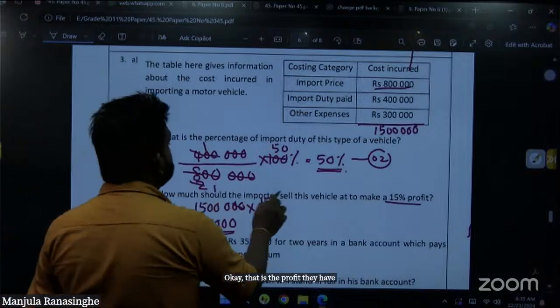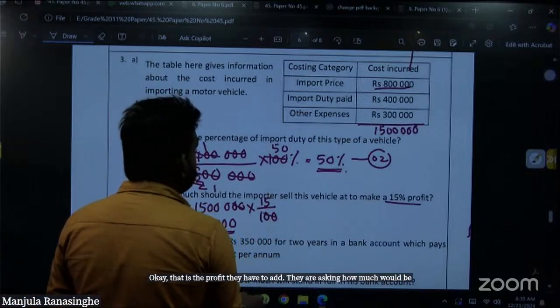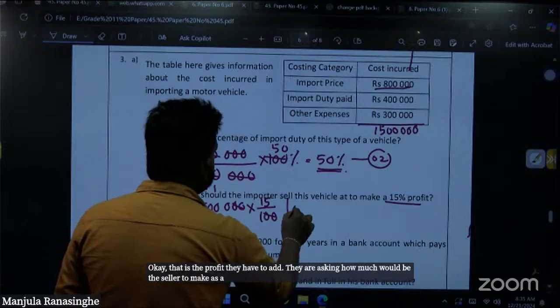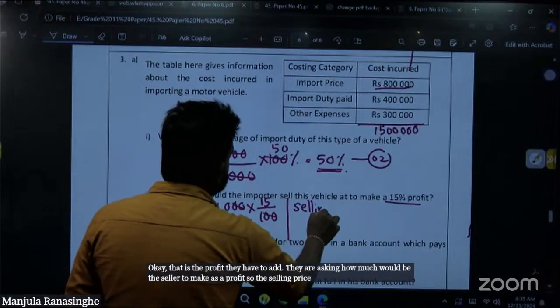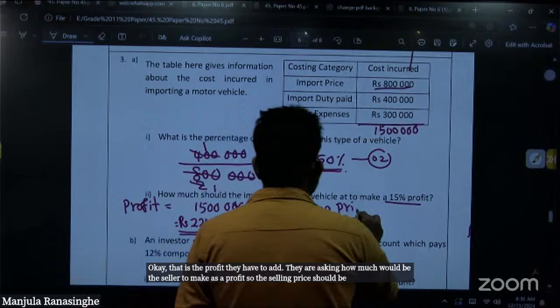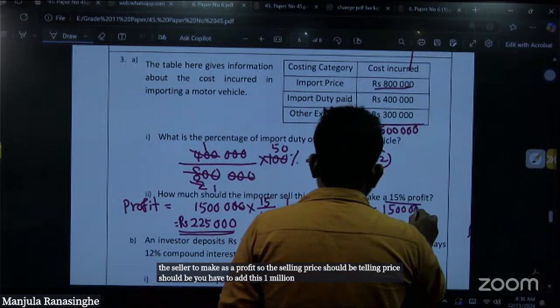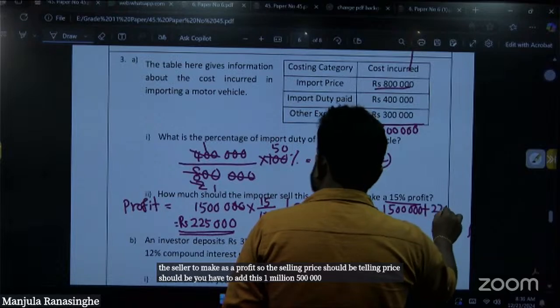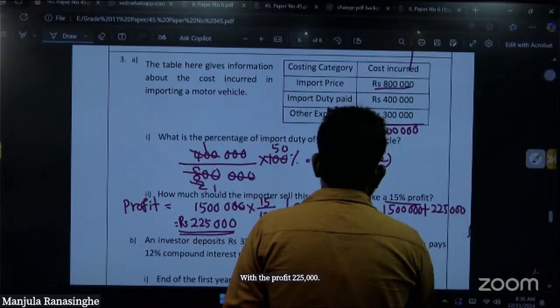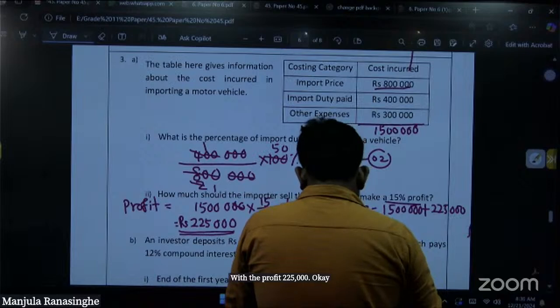Okay, that is the profit they have to add. They are asking how much should be the selling price to make a profit. So the selling price should be 1,500,000 added with the profit 225,000.